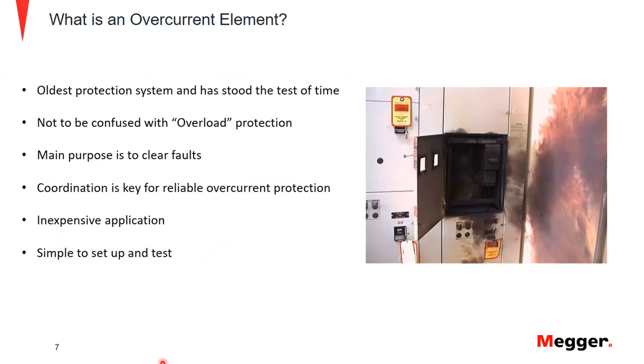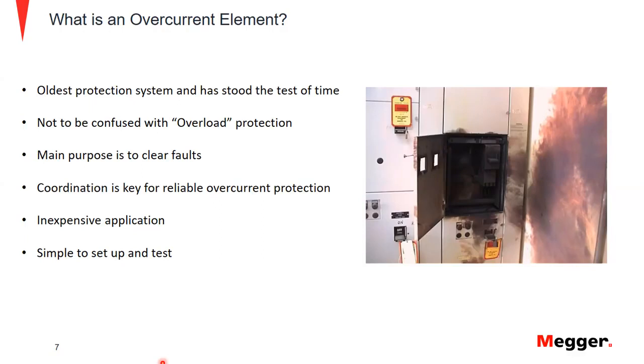Overload protection is a running overcurrent that would cause overheating of the protected equipment. So an overload is a type of overcurrent, but overload protection typically operates on an inverse time curve, where the tripping time becomes less as the current increases, and we will see that in the future slides as well.